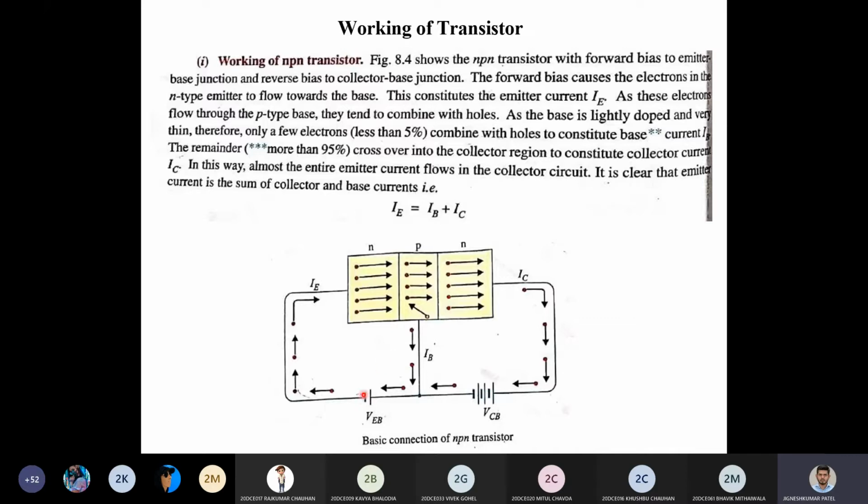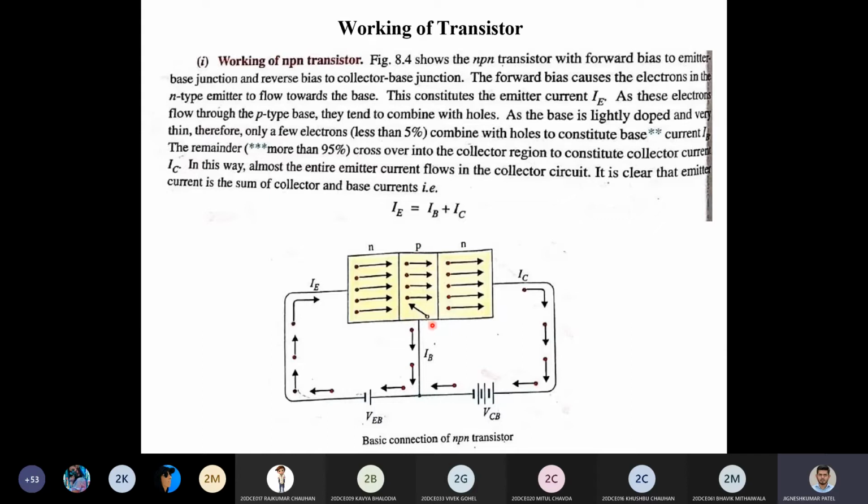First of all, this negative terminal will have the electrons flowing from this direction to this direction, so electrons will be pushed into your N layer, the emitter. There are already free electrons present, and now I am pushing more electrons here, so a large number of electrons will transfer to the base.